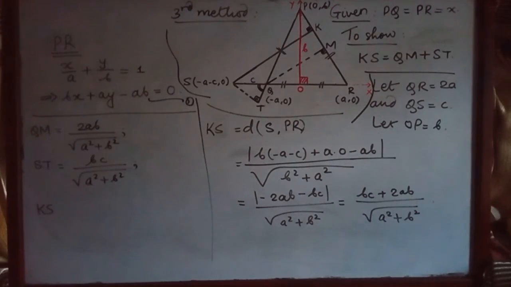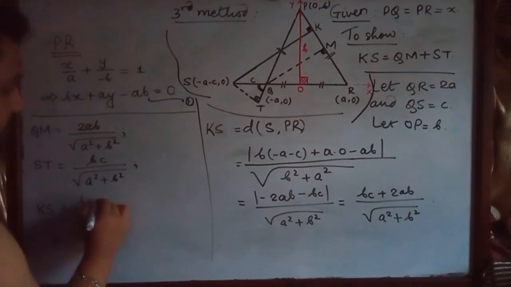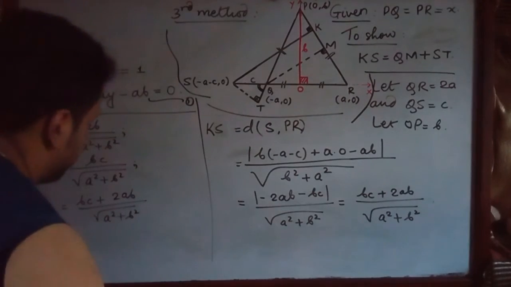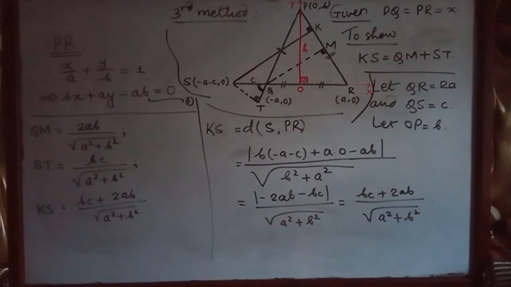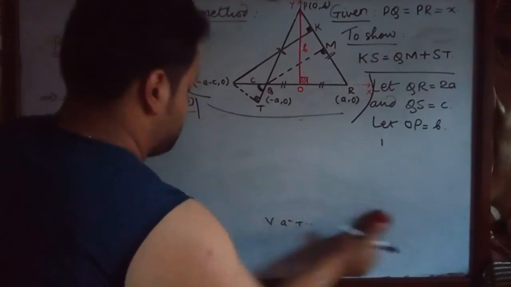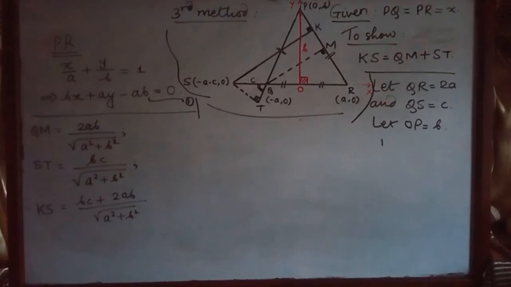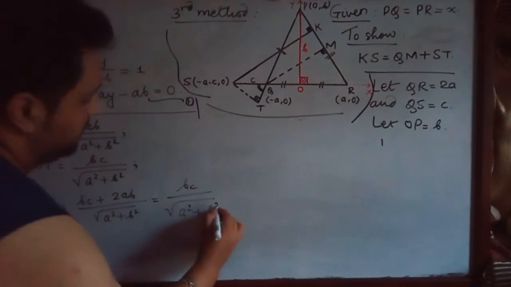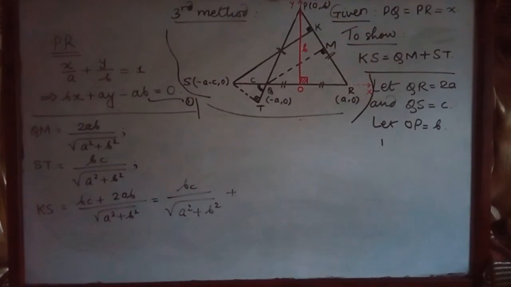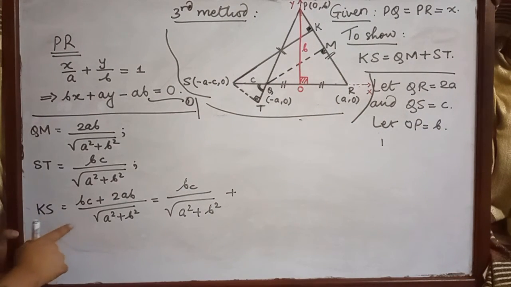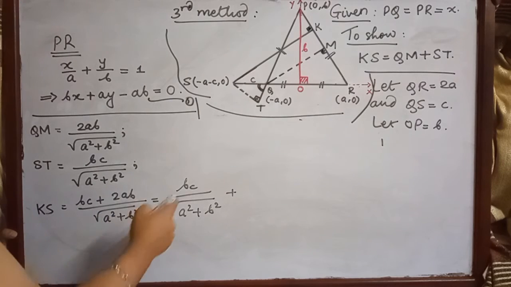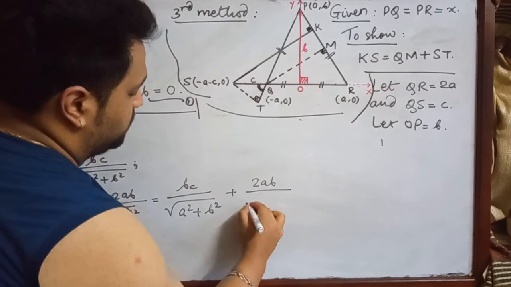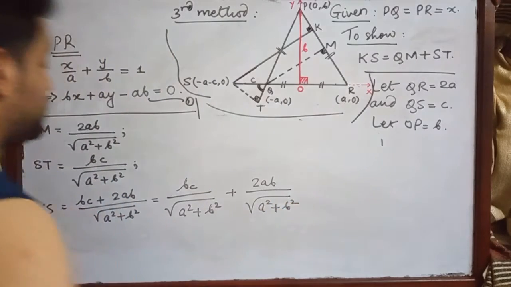So KS is equal to bc plus twice ab. We can write it as bc over the square root of a squared plus b squared plus twice ab over the square root of a squared plus b squared. It's getting darker.